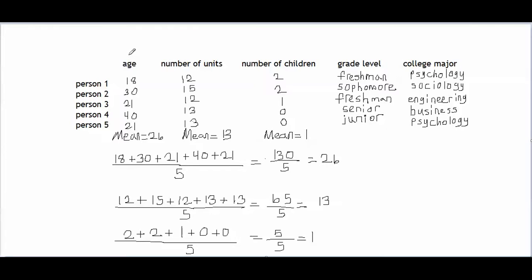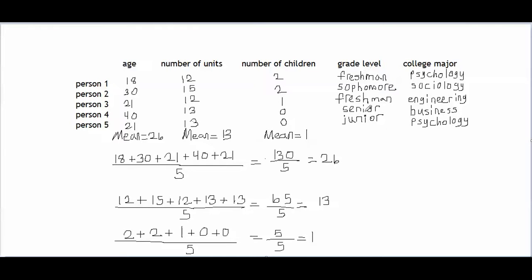We can only calculate the mean for the columns that are quantitative variables. So age is quantitative, so we can calculate a mean. Number of units is quantitative, so we can calculate a mean. Number of children is quantitative, so we can calculate a mean. We can't calculate a mean grade level because grade level is an ordinal variable.